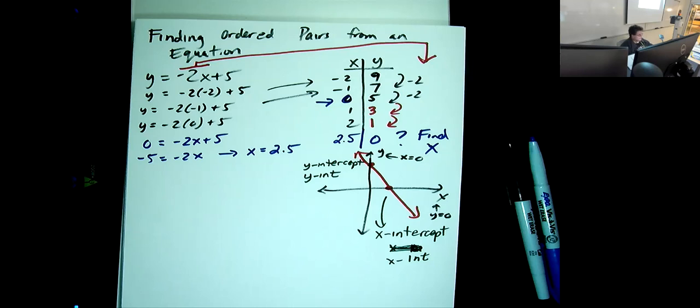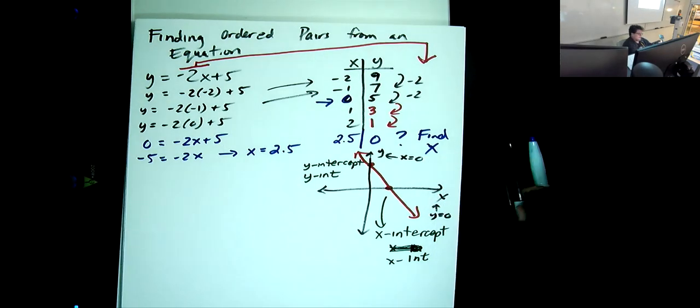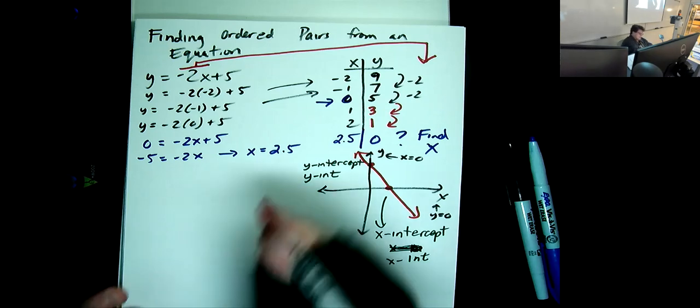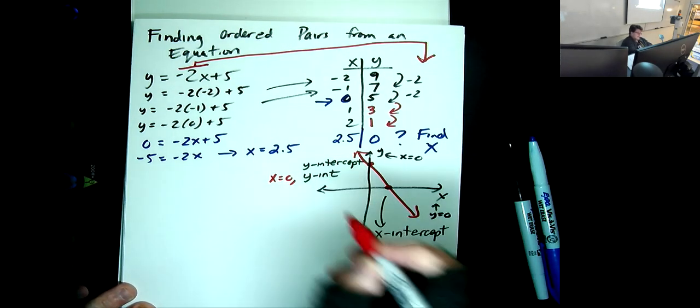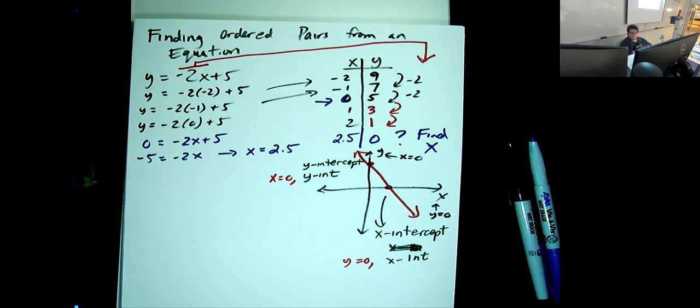So by the name of it, it's where the other letter equals 0. Y-intercept, x equals 0. X-intercept, y equals 0. So it's like the other letter equals 0.